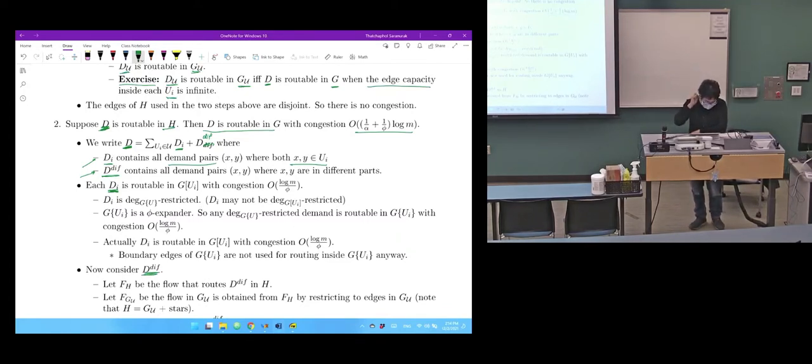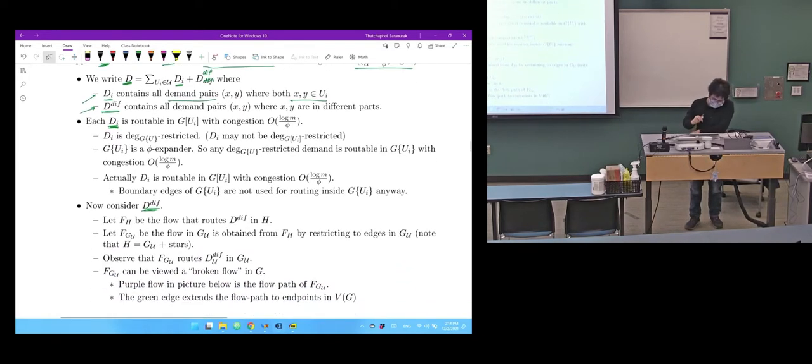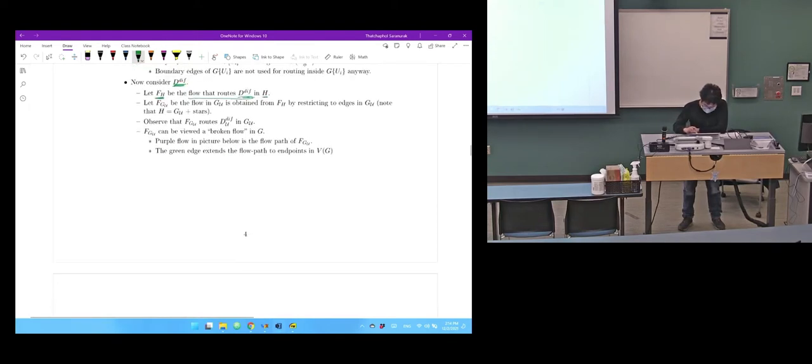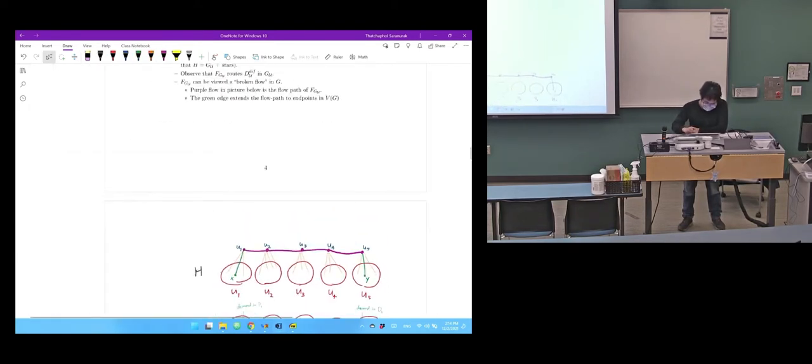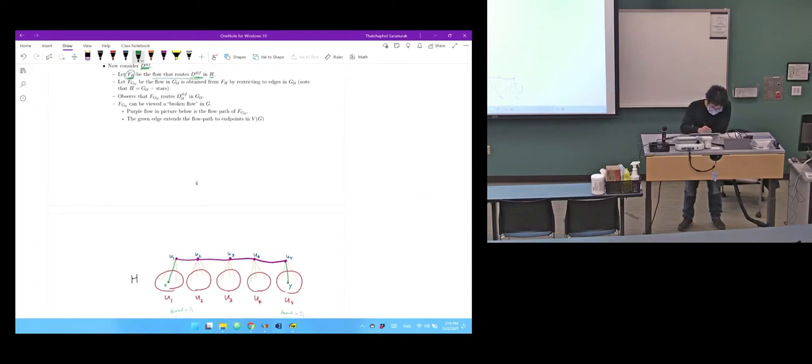Okay. We know that because D itself is routable in H, there is a feasible flow for routing D_diff too, because D_diff is just smaller than D. So let F_H be the feasible flow that routes D_diff in H. Like before, no matter what this F is, each flow path is going to look like this, right?